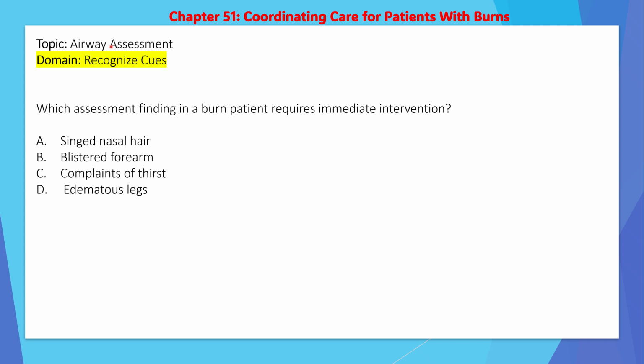Topic: airway assessment. NCLEX domain: recognizing cues. So we're getting close to the end, right? Which assessment finding in a burn patient requires immediate intervention? Thickened nasal hair, blistered forearm, complaints of thirst, edematous legs.